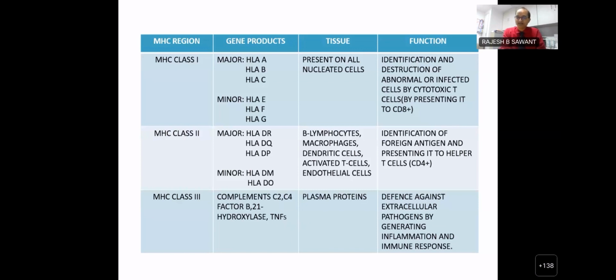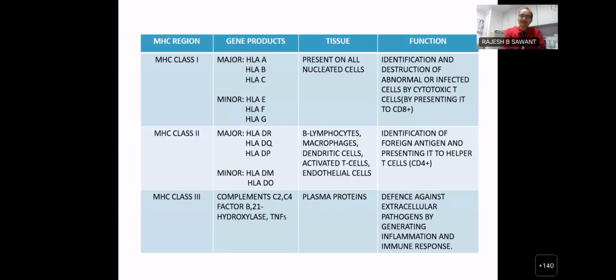Whereas when you talk about HLA class 2, they are typically present on B lymphocytes, macrophages, dendritic cells, activated T cells, and endothelial cells. So, class 1 on all nucleated cells, class 2 on B lymphocytes, macrophages, dendritic cells, activated T cells, and endothelial cells. And the function is identification of foreign antigens and presenting them to the helper T cells. In class 1, it was cytotoxic T cells and CD8 positivity, and here it is helper T cells and CD4 positive cells.